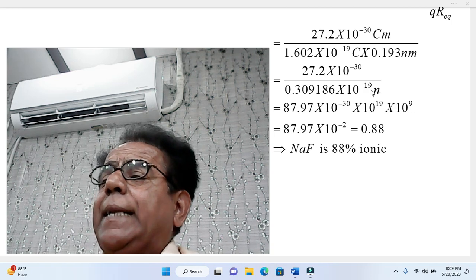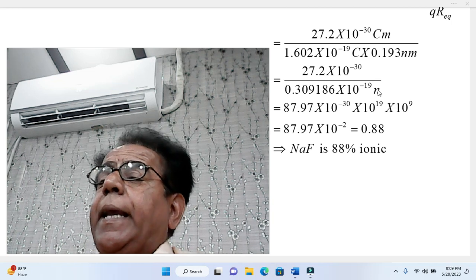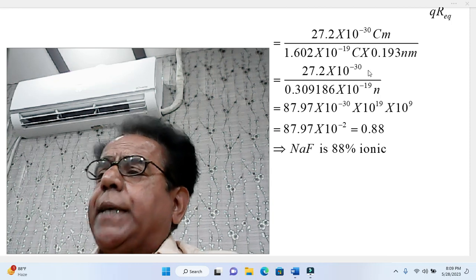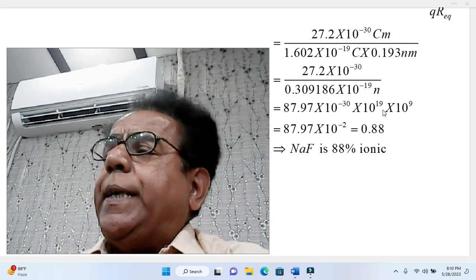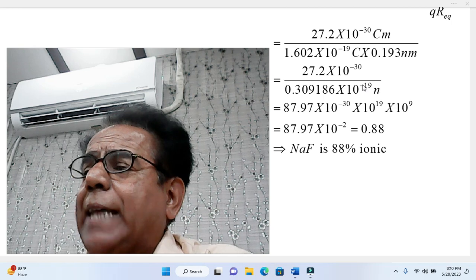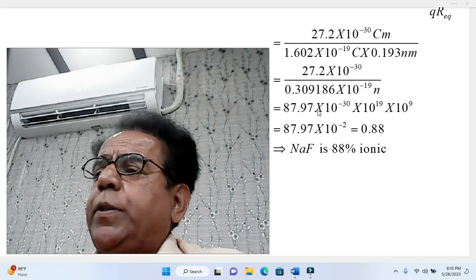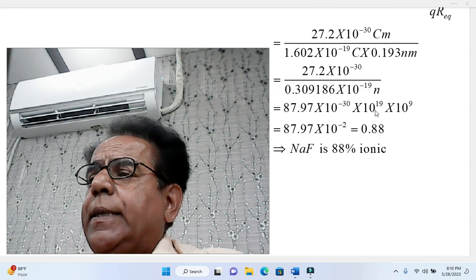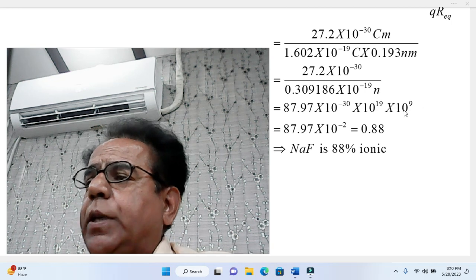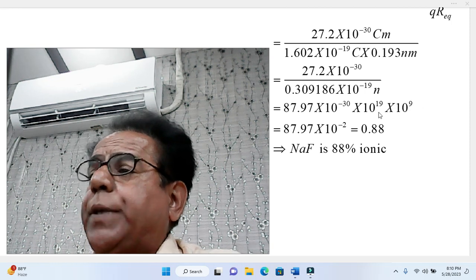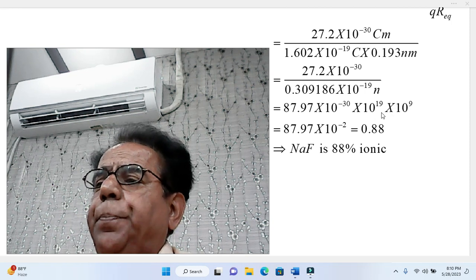Similarly, this n is 10 to the power minus 9, but it is in the denominator, and we have shifted it to the numerator. So due to shifting to the numerator, the sign of this has become positive and the sign of this has also become positive. That is why 10 raised to the power plus 19 and 10 raised to the power plus 9 will contribute to 10 raised to the power 28.